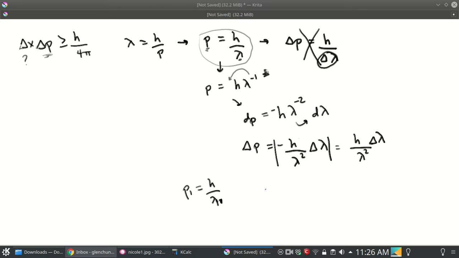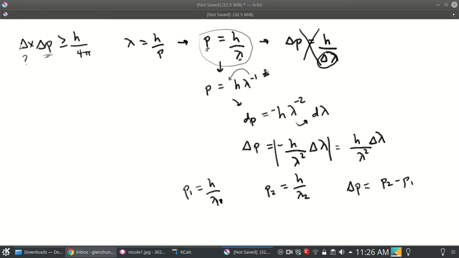And if I know that p2 equals h over lambda 2, right? Then let's say the delta p is equal to p2 minus p1, right? That's what delta usually means, yes? So in other words, we're saying p2 is the maximum p from a measurement, and p1 is the minimum p from a measurement, right? From a measurement of the momentum by measuring the wavelength, right?